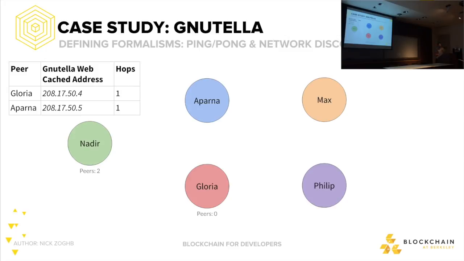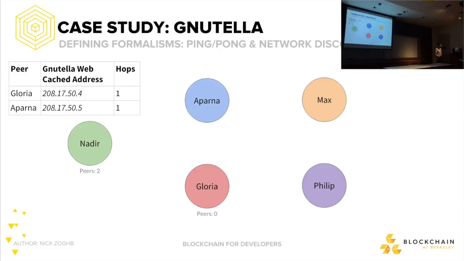The way it works is you join the network. Nadir gets this promise of a great P2P network. He joins it. He downloads the client and everything on his computer. And on the client, there are some cached addresses that tell him, hey, these are two nodes you can connect to: Aparna and Gloria.